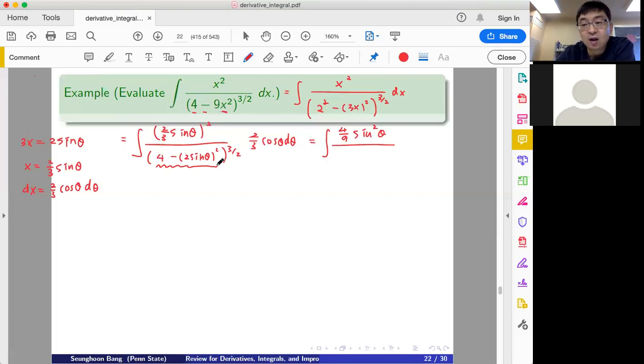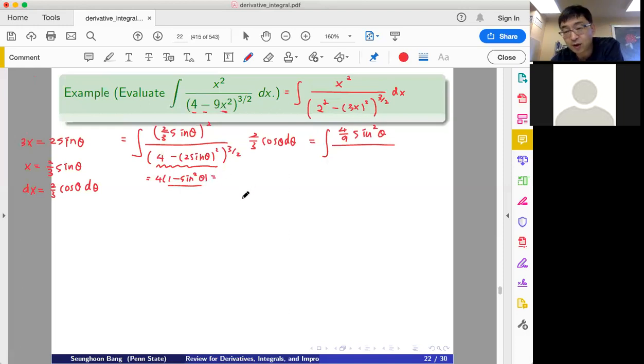So exactly 4 times 1 minus sine squared.